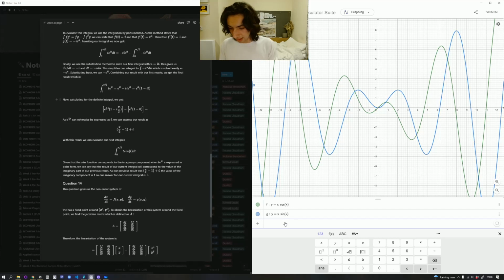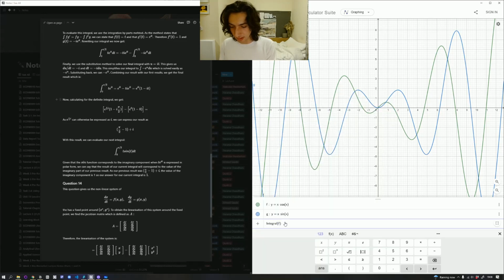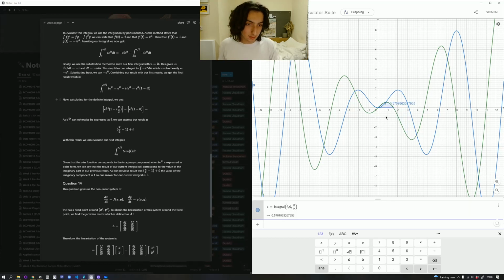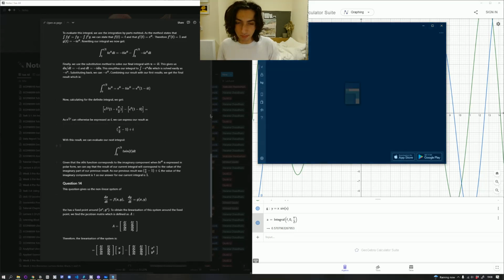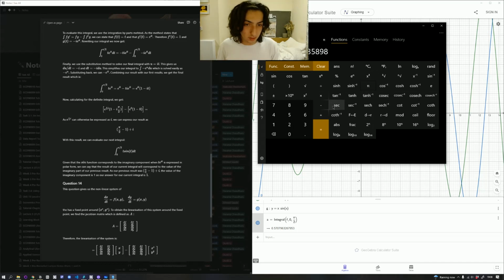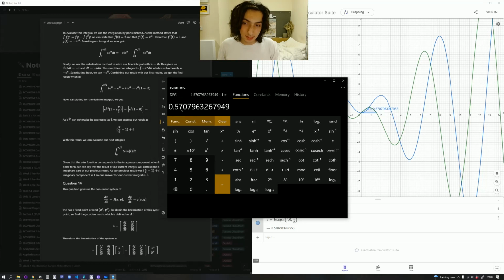Now, if we do the integral for the real part from 0 to pi over 2, we can see that that integral has a value of 0.5707. This here, pi over 2 minus 1, shockingly enough, has a value of 0.5707.